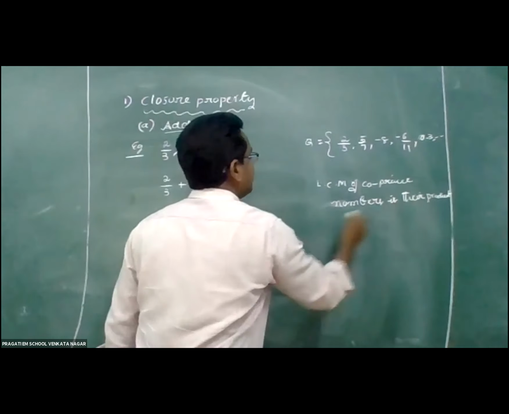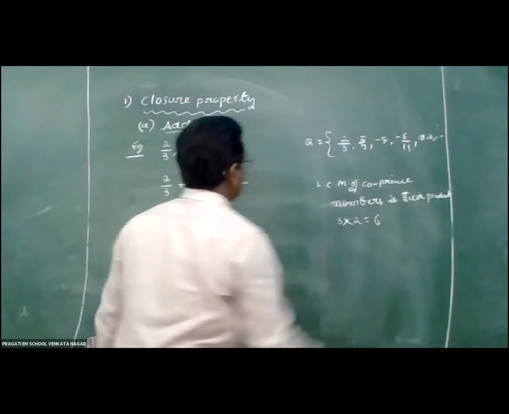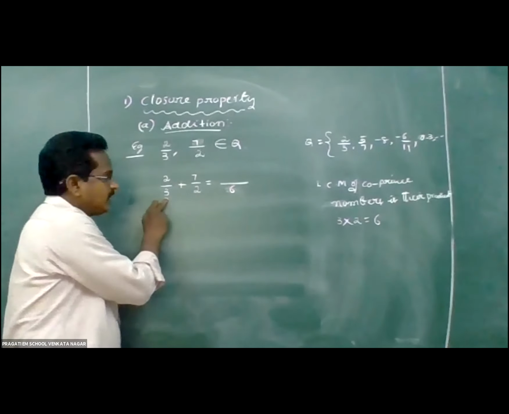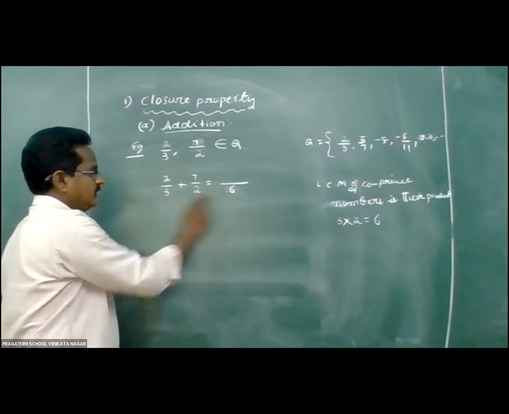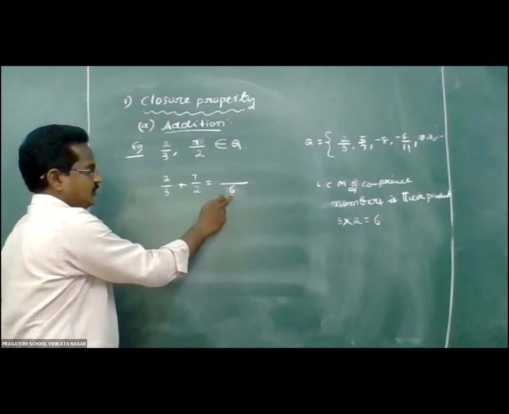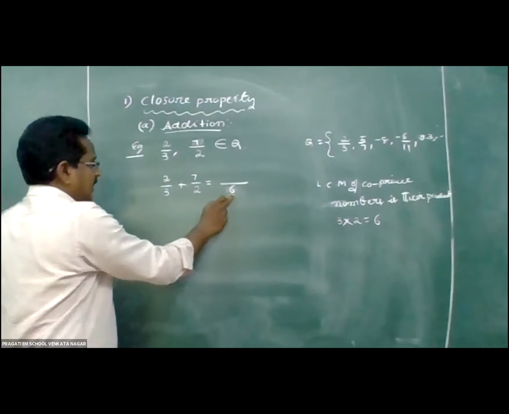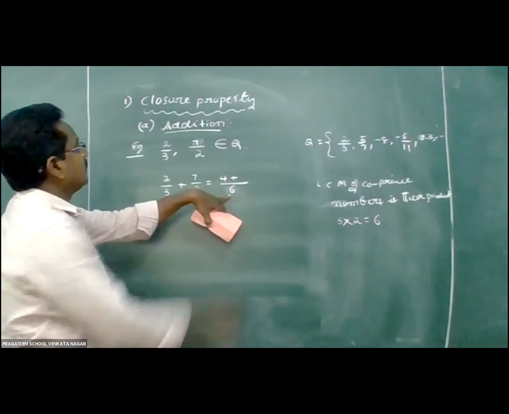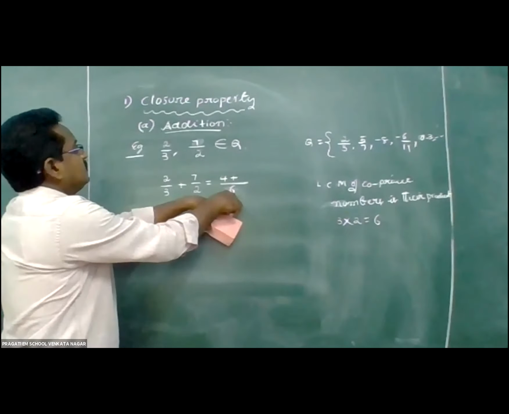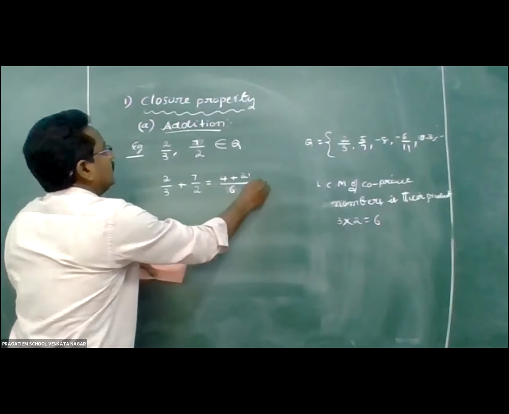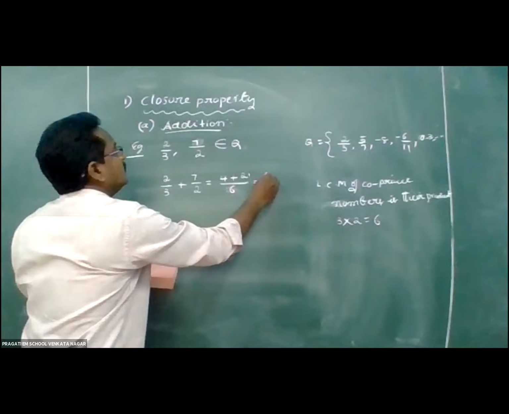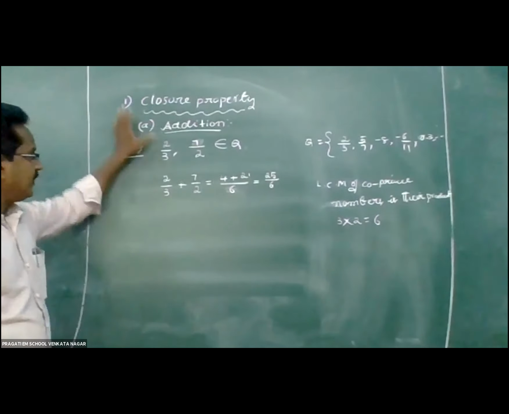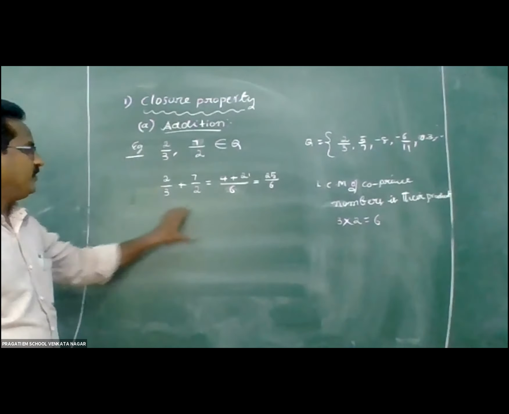The denominator here is 3; 3 goes 2 times into 6. The numerator is 2, so 2 twos are 4, plus: 2 goes 3 times into 6, so 3 sevens are 21. Now add 4 plus 21: 25 by 6. Whenever unlike fractions are given, we can add them in this way.